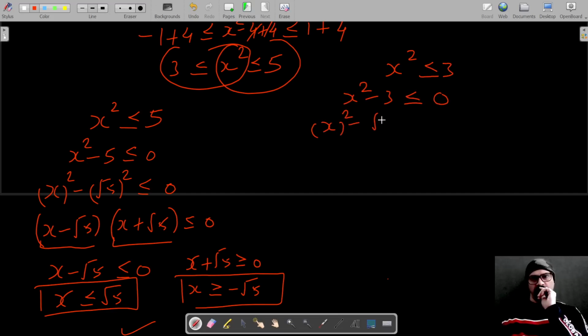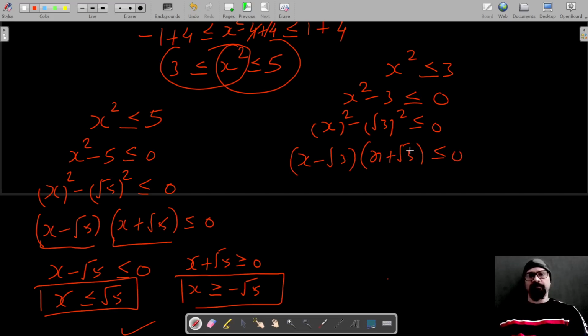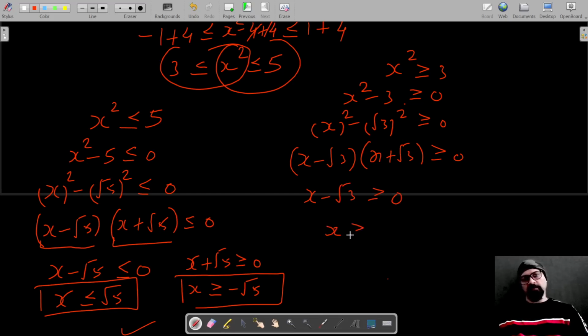Now this is a square minus b square, which is a minus b into a plus b, greater than or equal to 0. And for this, x minus root 3 is greater than or equal to 0, which gives me x is greater than or equal to root 3.